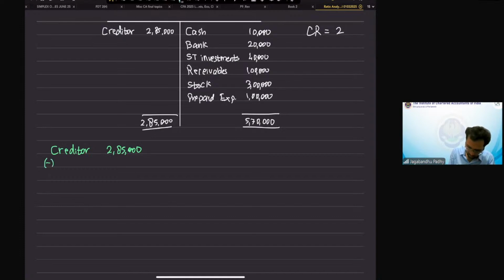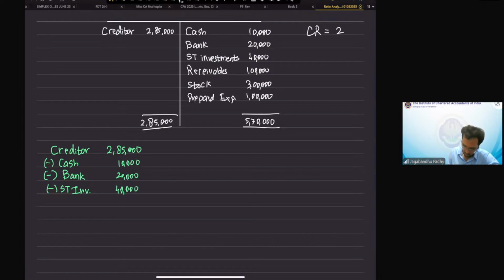Of course, to the creditors, I'll first make payment by way of cash to the tune of 10,000, and then make payment by way of bank transfer, maybe the 20,000 amount. We may sell off the short-term investments and make the payment. So short-term investments of 40,000 would be paid out to them.